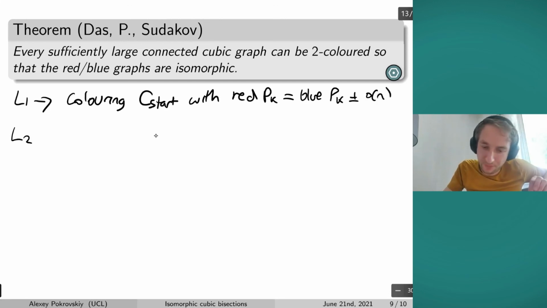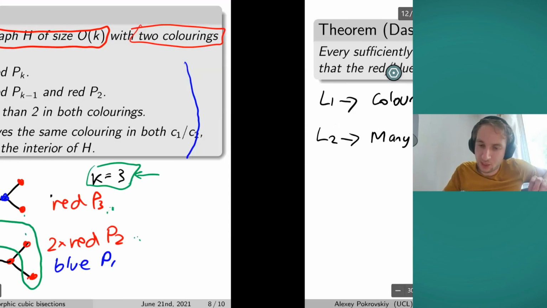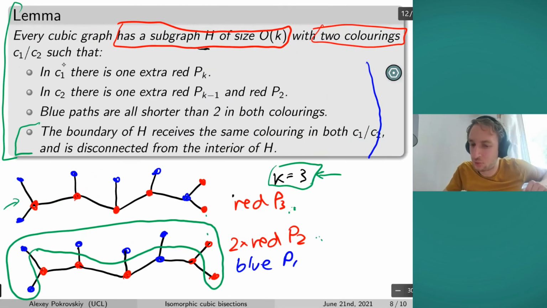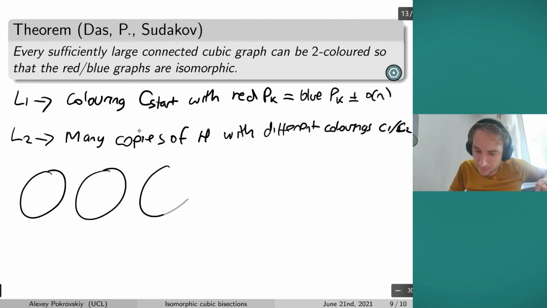Then you use the second lemma to find many copies of a graph H with 2 different colorings, C1 and C2. The previous lemma only gives us 1 graph like this, but because it has bounded size, you can pull out linearly many of them: H1, H2, up to H epsilon n.